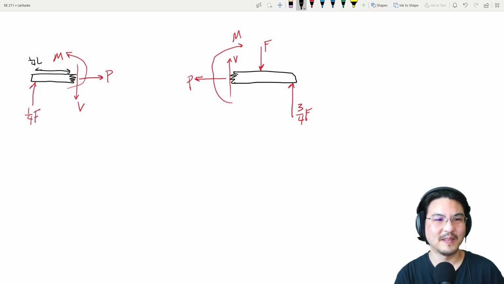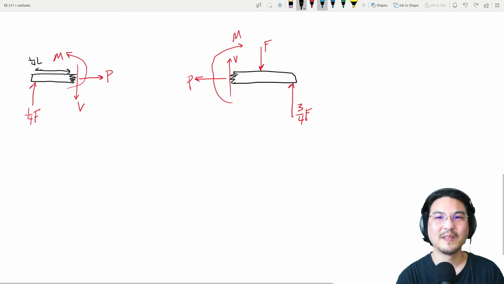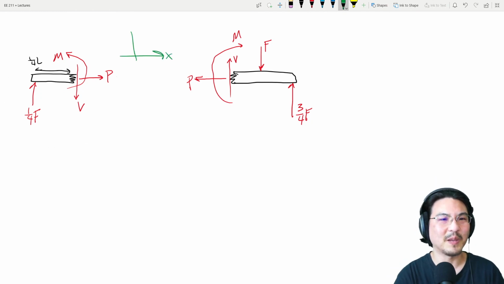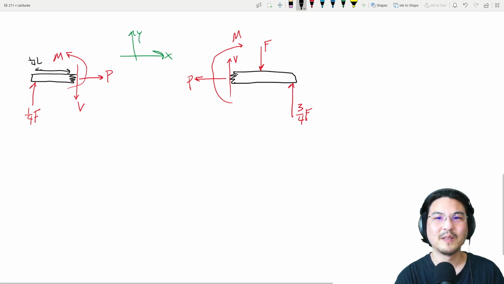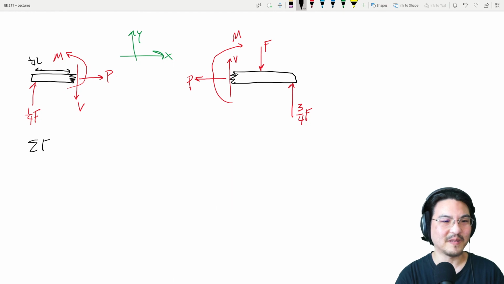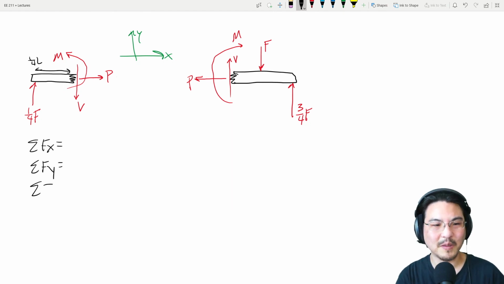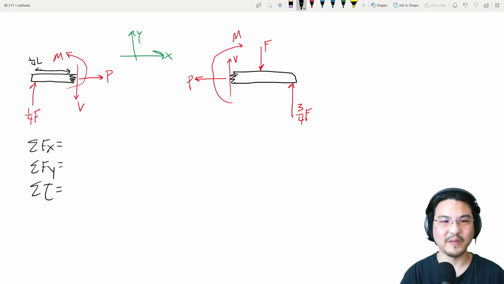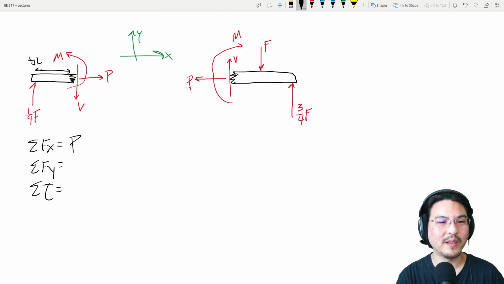Okay, so how do we do this? Let's get same coordinate system. So for this free body diagram, just write some forces, some torque about somewhere clever. Okay, so in the x direction, P, and what else? That's it.